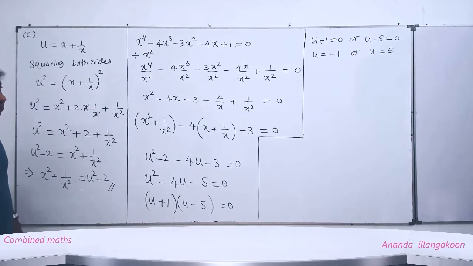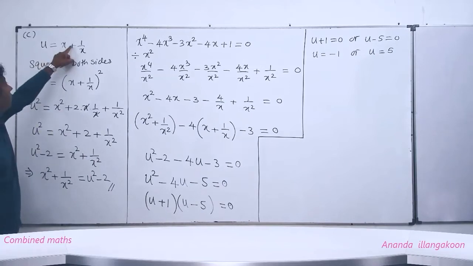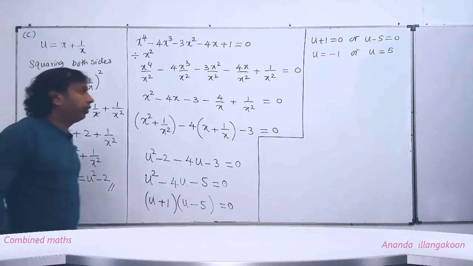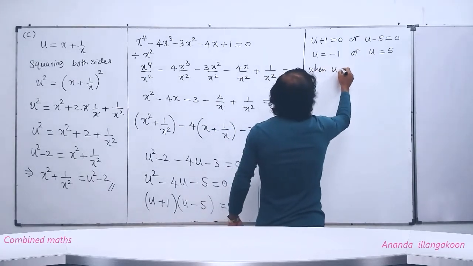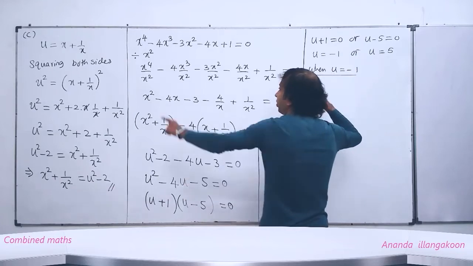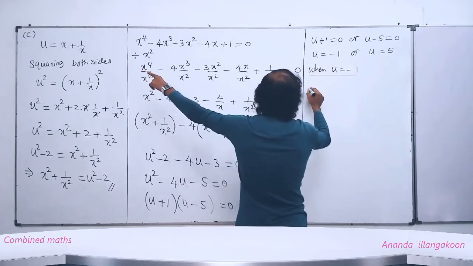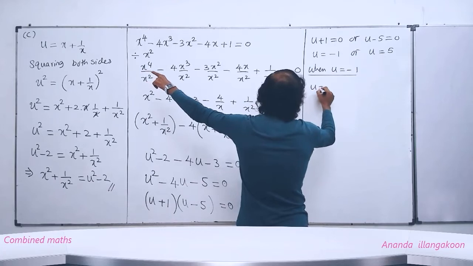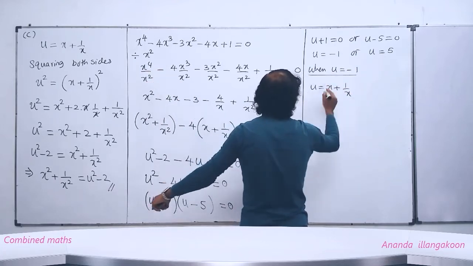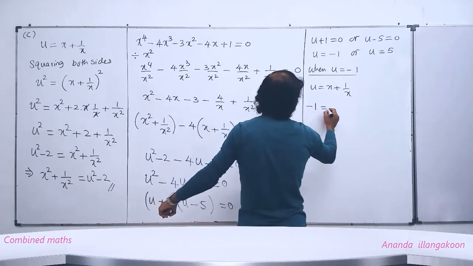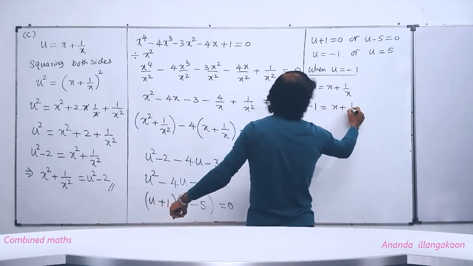I'll first take u equals minus 1. What is our u? u is x plus 1 upon x. Substitute the minus 1 for u: minus 1 equals x plus 1 upon x.